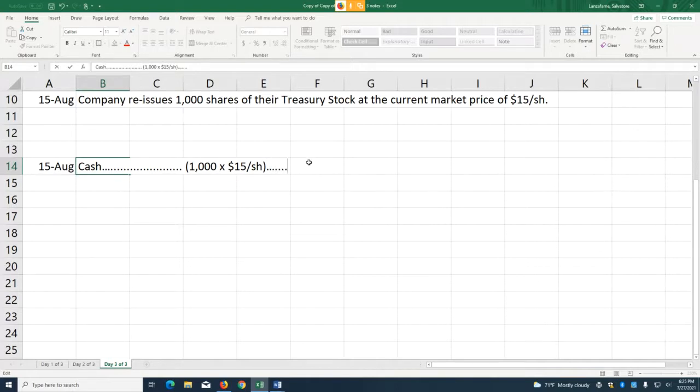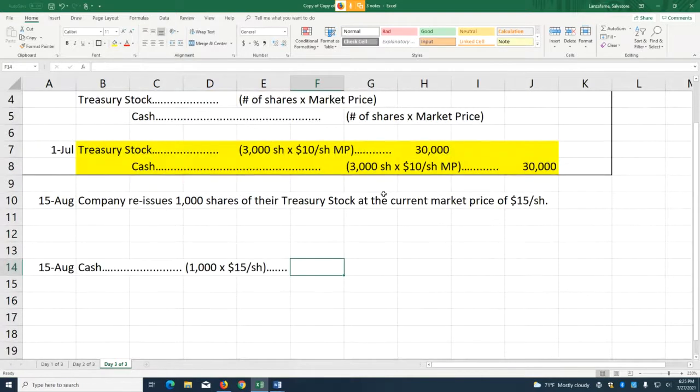So 1,000 times 15. Did I do the math right in the first entry? Yeah. Okay. So we're getting $15,000 by reissuing this treasury stock because now the market is saying these stocks are worth $15 a piece.